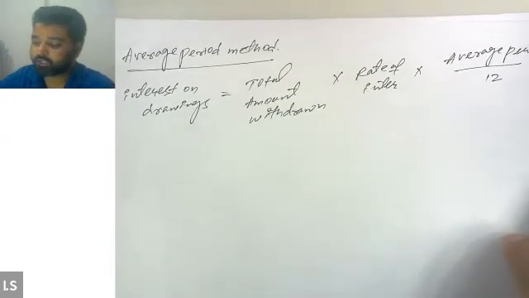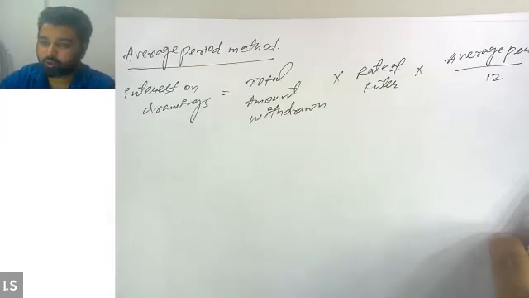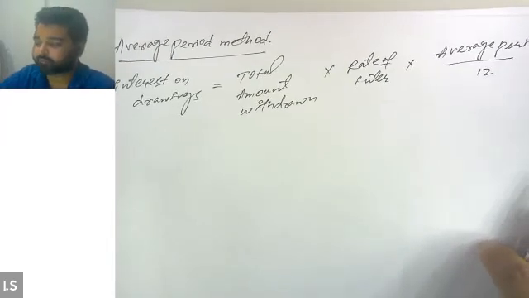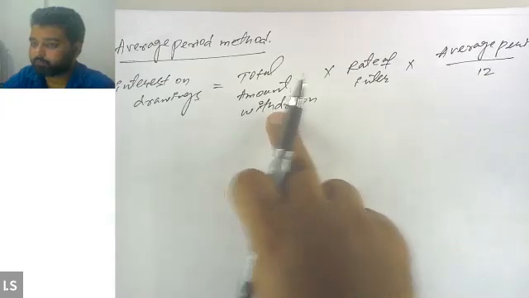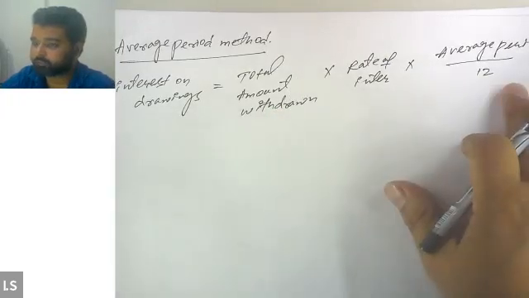This is the formula for calculating interest on drawings by the average period method: total amount, rate of interest, average period divided by 12.